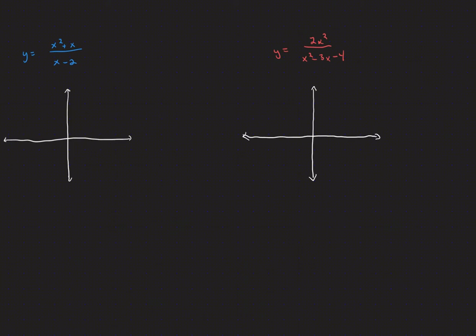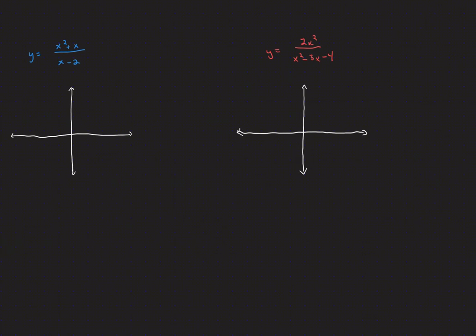So the next one we see the degree of the numerator is 1 more than the degree of the denominator. That means we're going to have a slant asymptote, so I'm going to long divide. So x times x is x squared, x times negative 2 is a negative 2x. We'll subtract those. x minus a negative 2x is 3x.